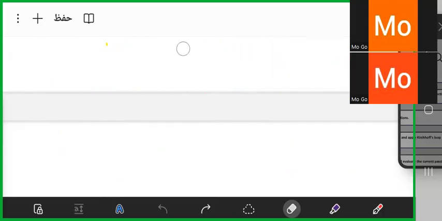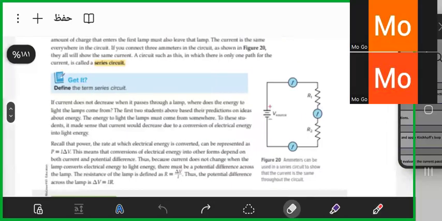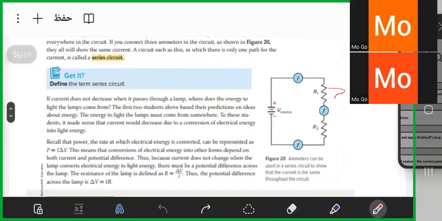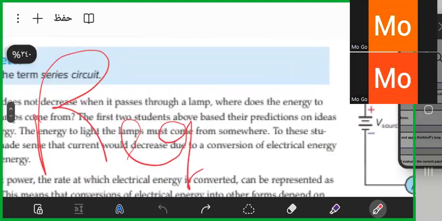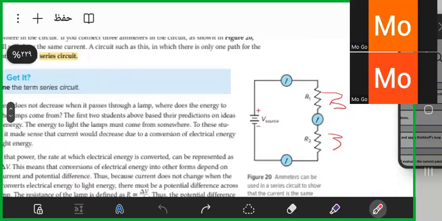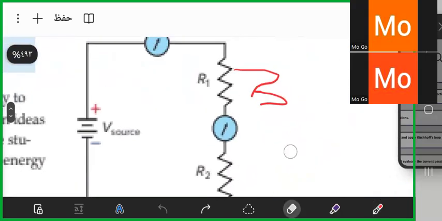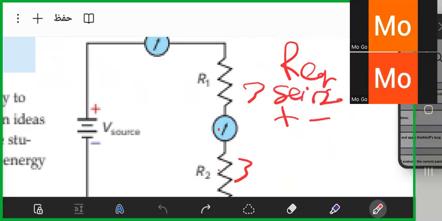Also, we have another thing to talk about in the connection here. If it was three here, it was three here. So the total resistance we said is the equivalent resistance. Maybe I should make the book bigger so the reading is bigger. So it was three plus, R equivalent. If it was connected in series, it was plus how much?